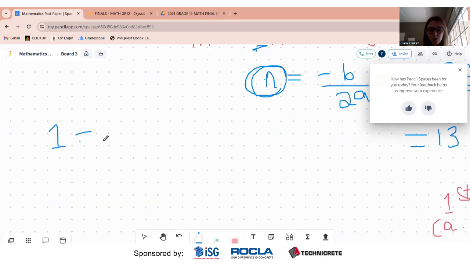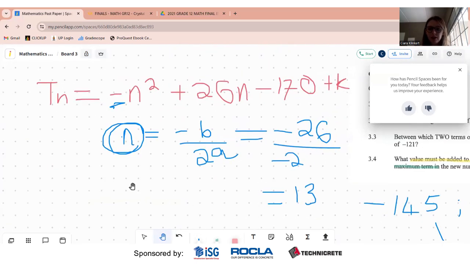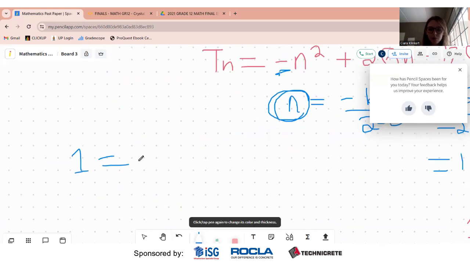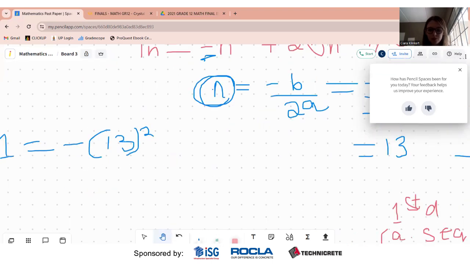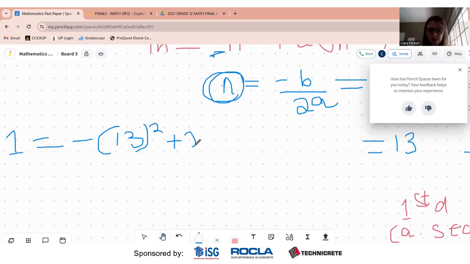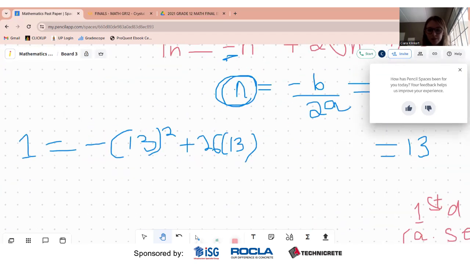So I have to say that 1 is equal to, okay, my formula is minus n squared. So minus 13 squared plus 26 times n, so plus 26 times 13, minus 170 plus k.